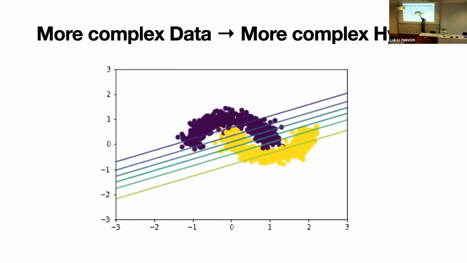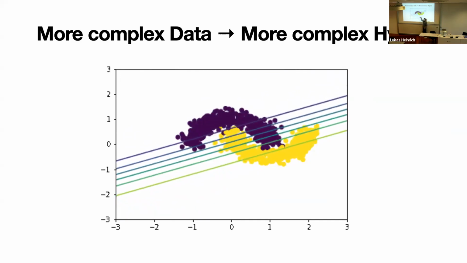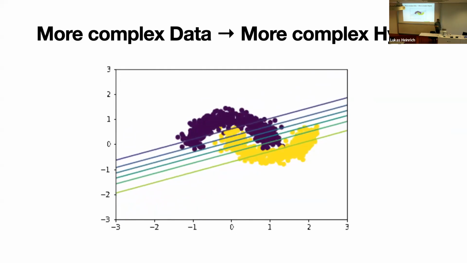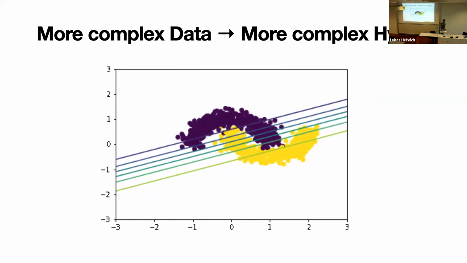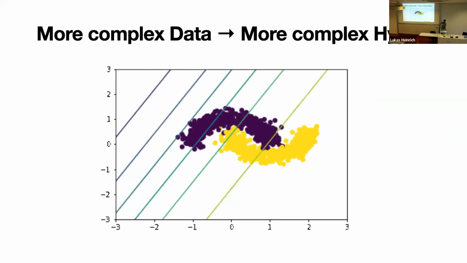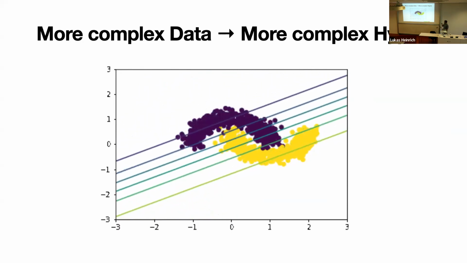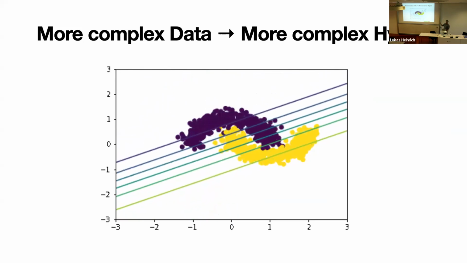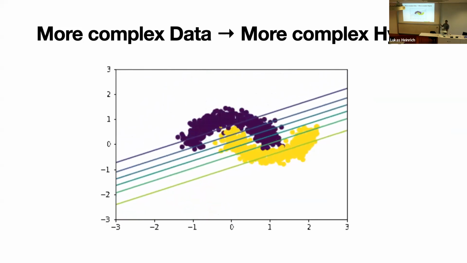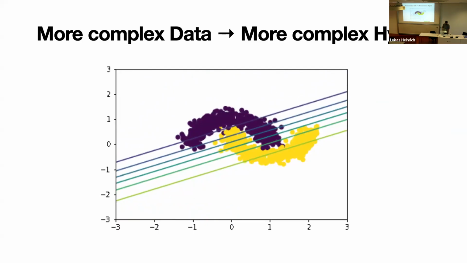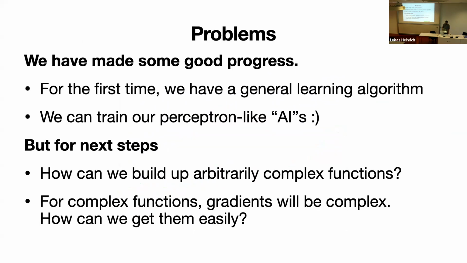Here you can see the contour lines are already blue, but there are lots of points that are going to be misclassified. Ideally what you would want is some kind of S-shaped nonlinear decision boundary. And this is the beginning of deep learning, that we want to have something that is nonlinear.